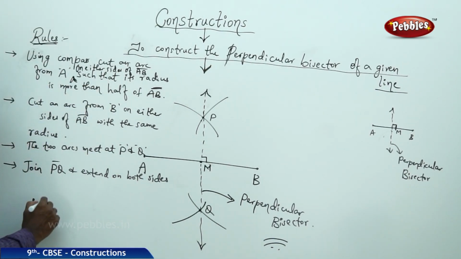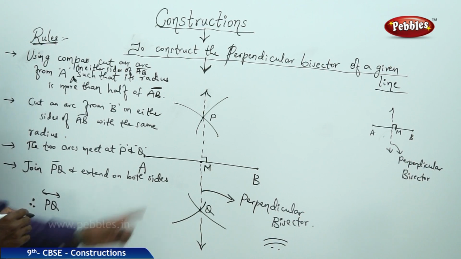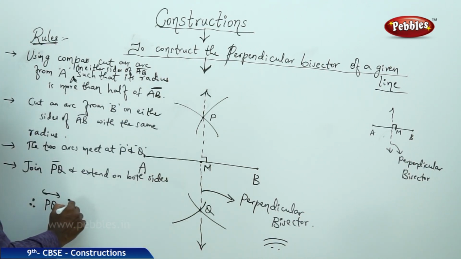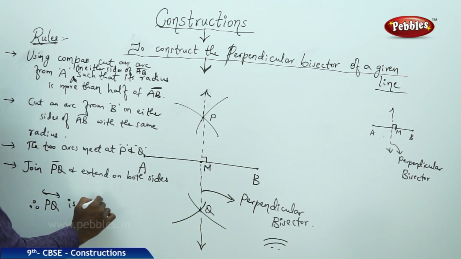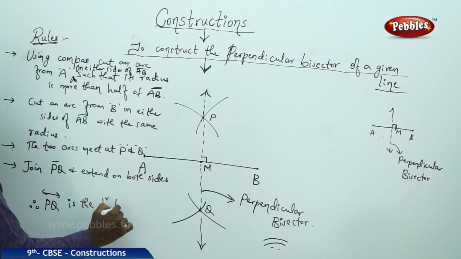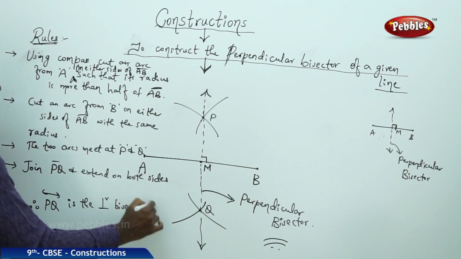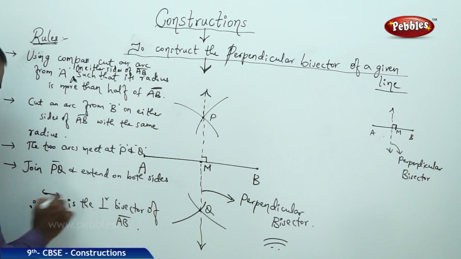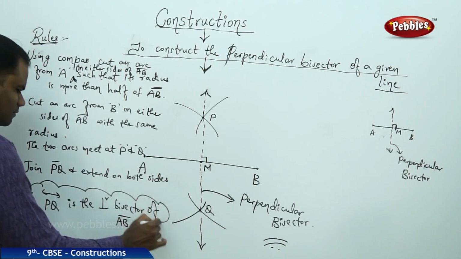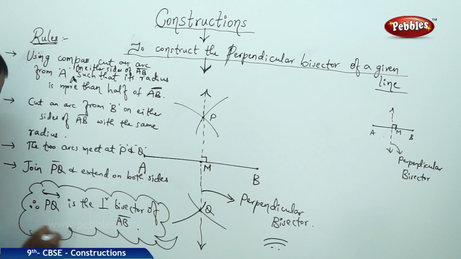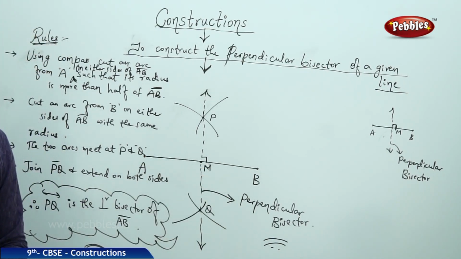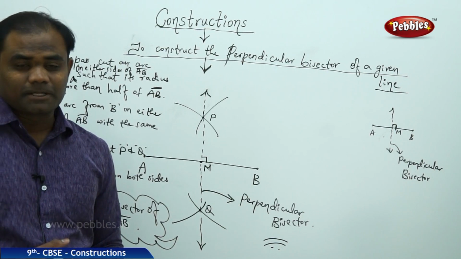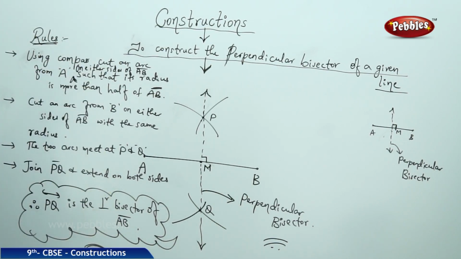Therefore, I observe that the line PQ as obtained is the perpendicular bisector of line AB. That is how we understand PQ being the perpendicular bisector of the line AB, constructed through the following rules.